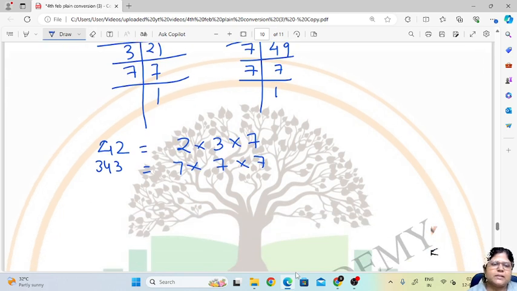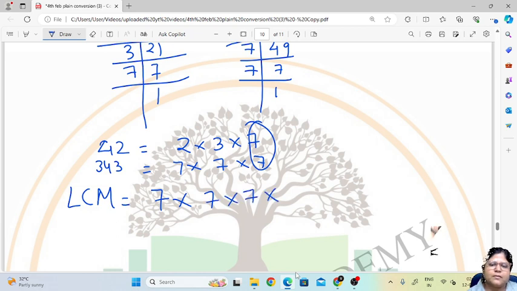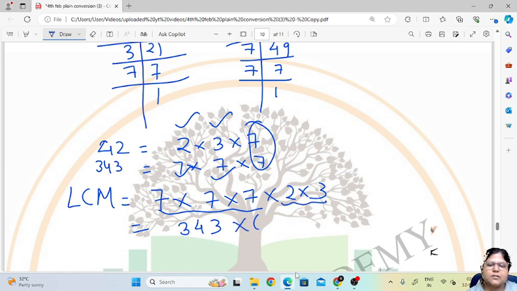So here, how do we take the LCM, the least common multiple? First we take the common factors and then we take the uncommon ones. So these were uncommon. So 7 into 7 into 7 we have got 343, into 2 into 3 is 6. So just multiply that. 6 3s are 18. 6 4s are 24 plus 1 is 25, carry. 6 3s are 18, 19, 20.